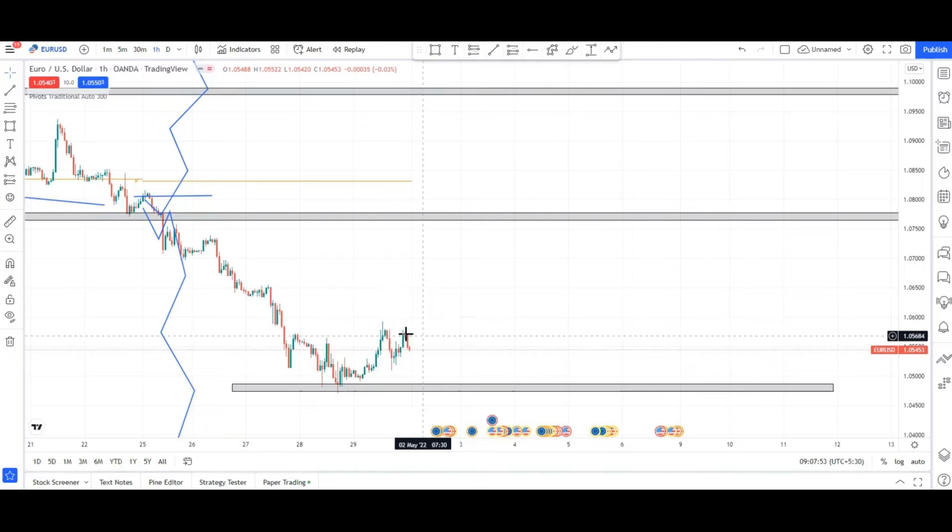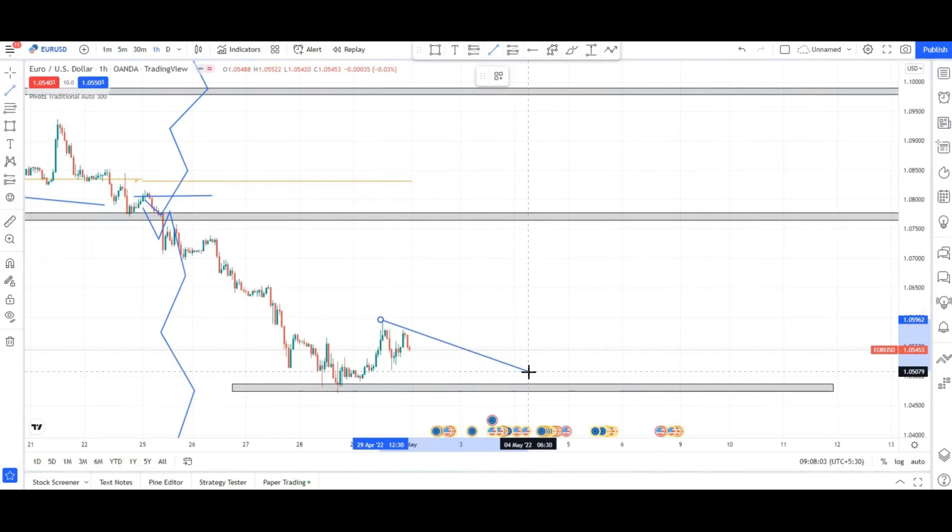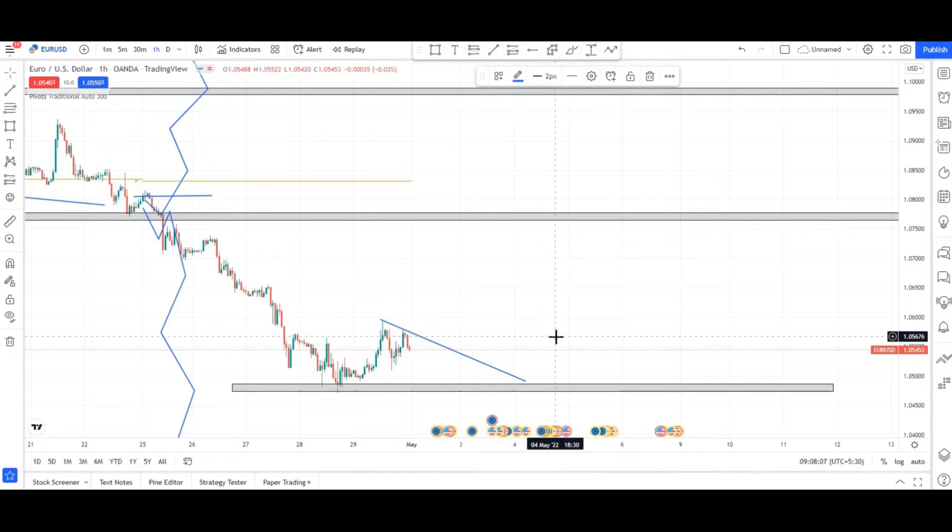Right now you are seeing that this is typically making an M pattern, and it is also looking like one of the trend lines. This is not a perfect trend line, because you can use a trend line when the market is trending, and at that time it works.